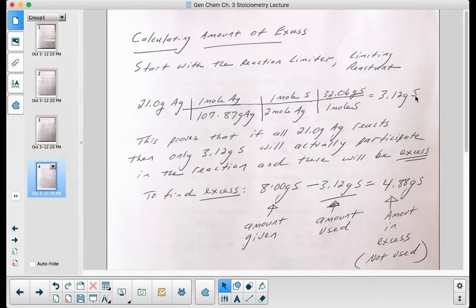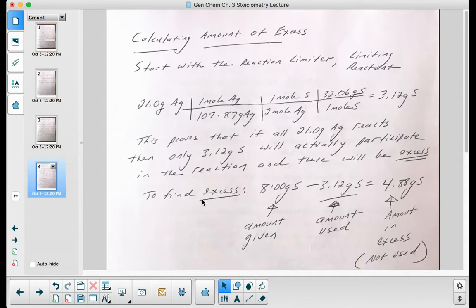So what does that mean? This proves that if all of the 21.0 grams of silver reacts, then only 3.12 grams of sulfur will actually participate in the reaction, and there will be excess left over.